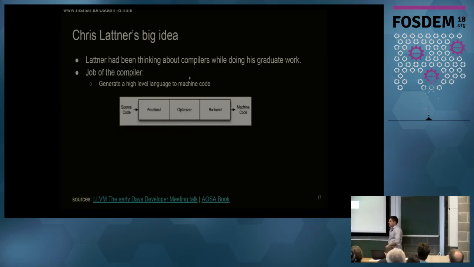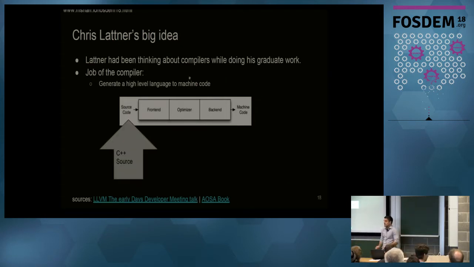But I want to talk about Chris Lattner's big idea. This was from him himself when he was a graduate student in the early 2000s. So he was thinking about compilers early on during his graduate work. And if I briefly refresh the idea of the compiler, it's to translate a high-level language to machine code. Right? We don't write in ones and zeros.